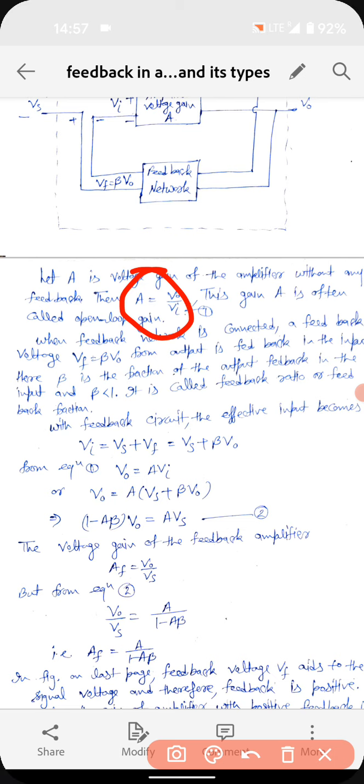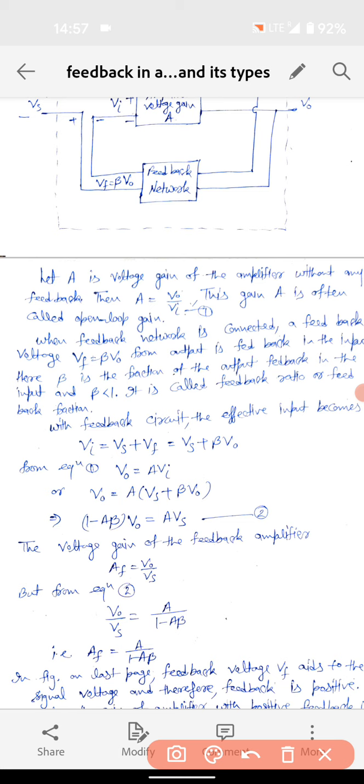But when we use this feedback network, a fraction of voltage, which is Vf, will be beta times V0. Do remember, this beta is not the current gain in case of common emitter, whose value is about 100. This beta is another factor.